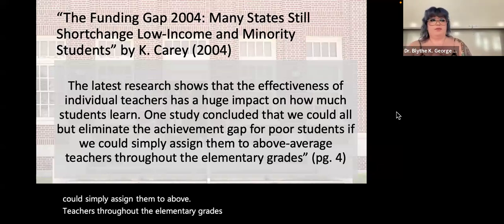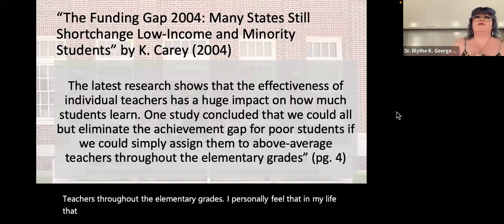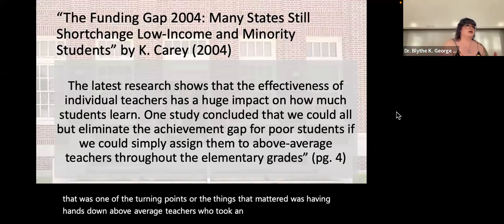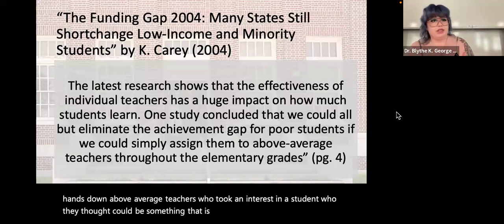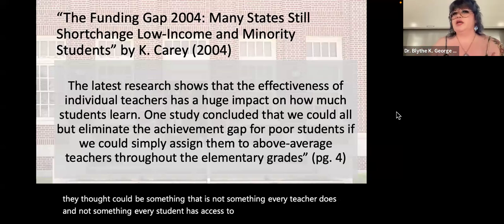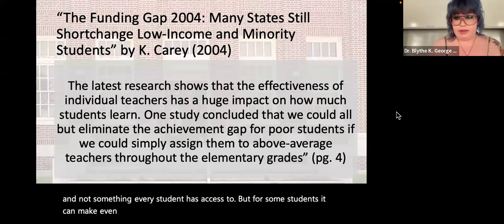I personally feel that in my life, that was one of the turning points, or the things that mattered, was having hands down above average teachers who took an interest in a student who they thought could be something. That is not something every teacher does, and not something every student has access to. But for some students, it can make even more of a difference.